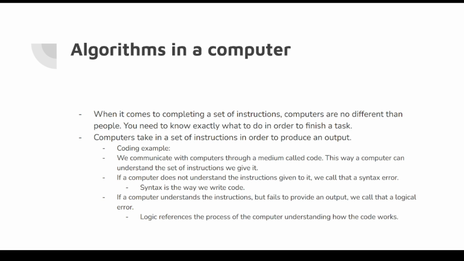If a computer does not understand the instructions given to it, we call that a syntax error. Syntax is the way you write code. If a computer understands the instructions but fails to provide an output, we call that a logical error. Logic refers to the process of the computer understanding how the code works. So it processes all of that code in an attempt to give you an output. And if it doesn't give you that output or it gives you an error, that's called a logical error.